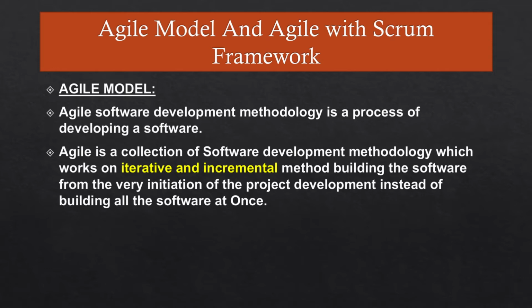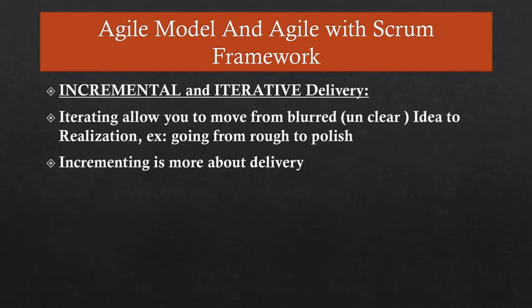This methodology builds the software from the very initiation of the project, instead of building all the software at once. We are going to build our software step by step, one by one. That's why we use the Agile methodology here.